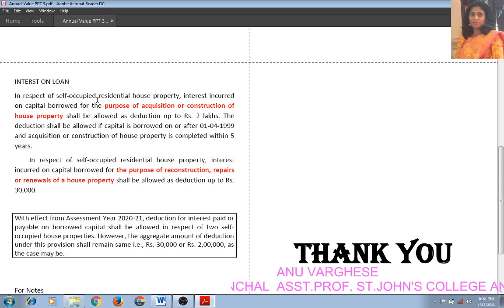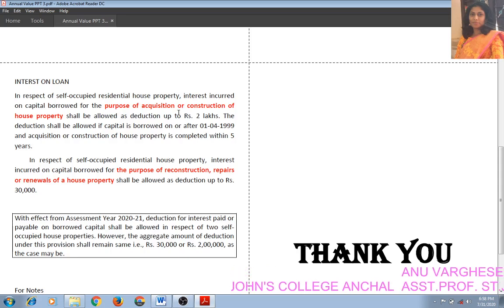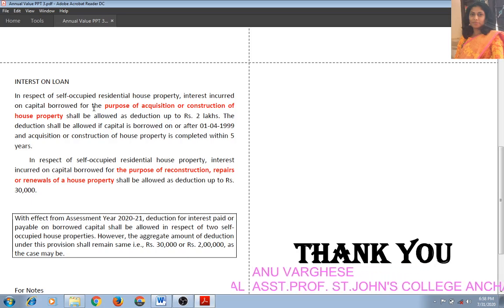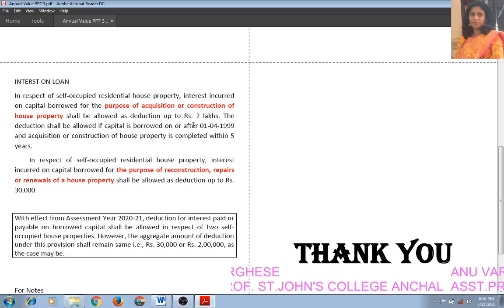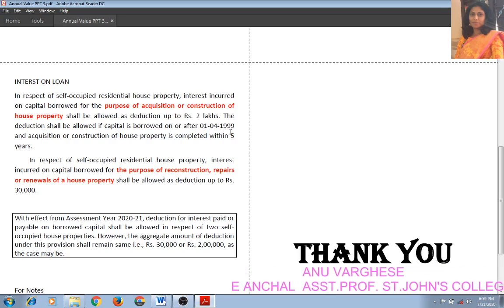In respect of self-occupied residential house property, interest incurred on capital borrowed for the purpose of acquisition or construction of house property shall be allowed as deduction up to rupees 2 lakhs. Okay, interest on capital or interest on loan shall be allowed as deduction up to rupees 2 lakhs.